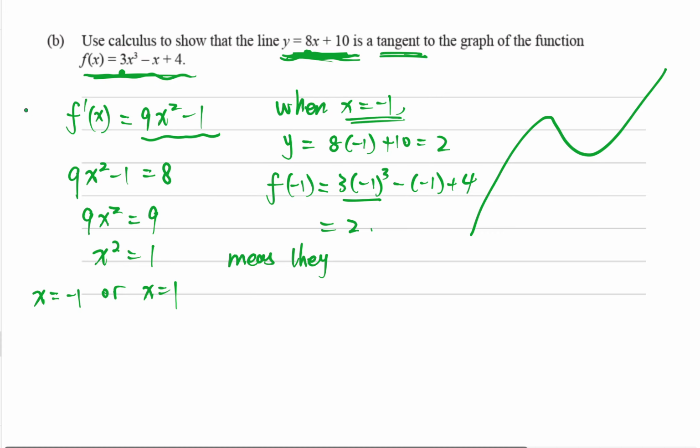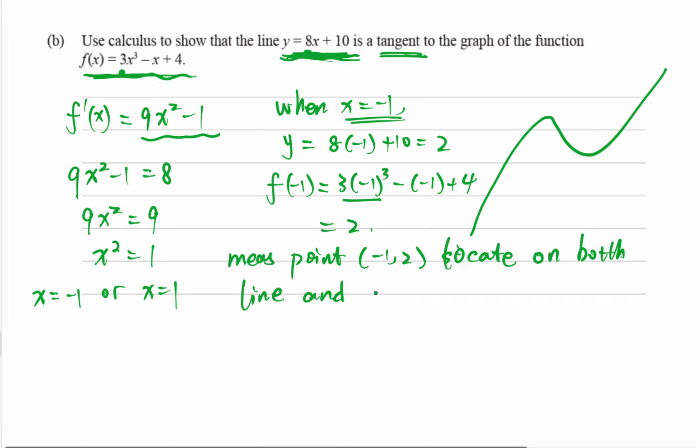I made a mistake about this. I should say it like this: the point negative 1, comma 2 is located on both the line and this cubic curve.